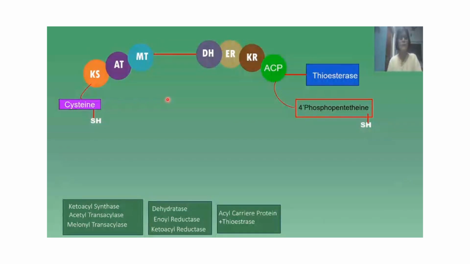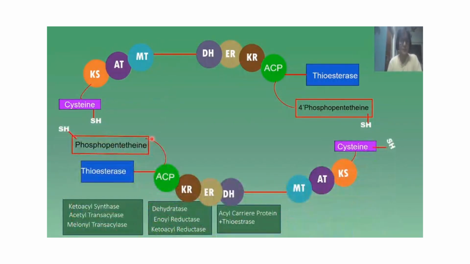As we know, this enzyme is a dimer, so this is the second monomer of this enzyme. Here, the important feature of this enzyme is that the two subunits lie in antiparallel orientation.